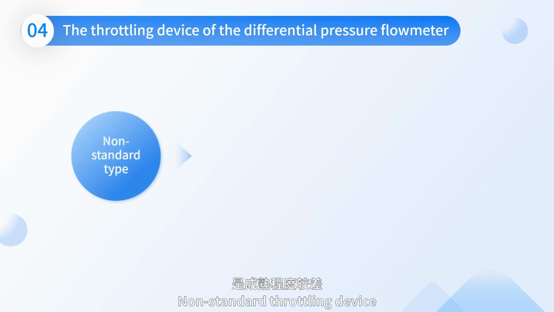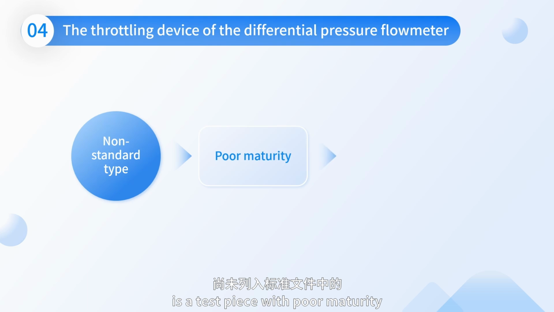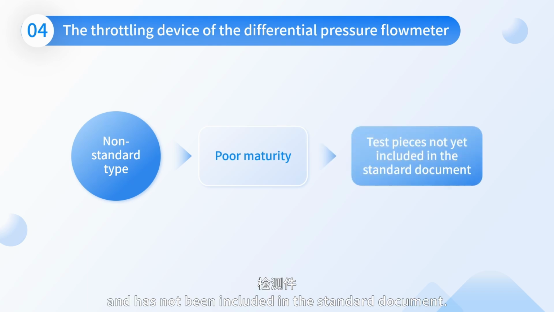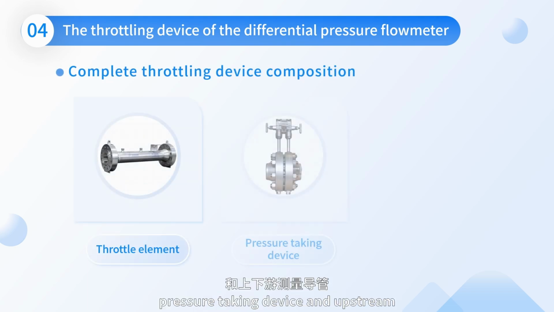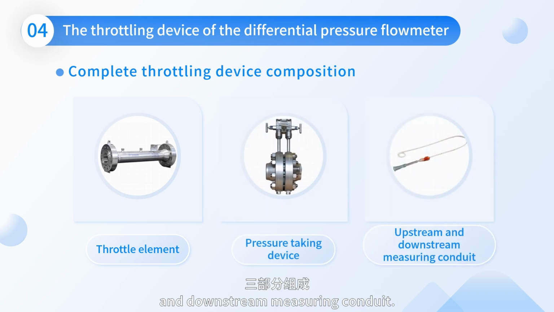Non-standard throttling device is a test piece with poor maturity and has not been included in the standard document. The complete throttling device consists of three parts: throttling element, pressure-taking device, and upstream and downstream measuring conduit.